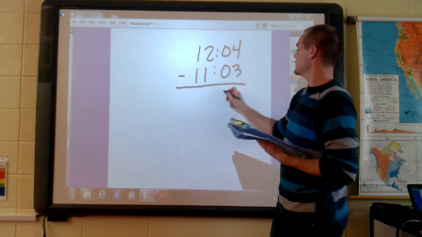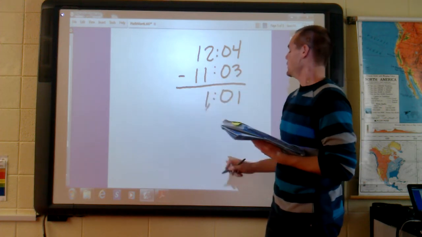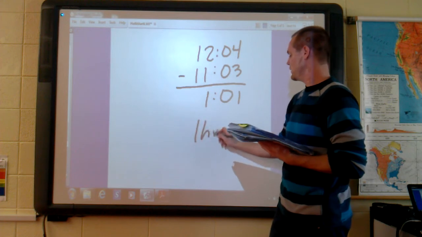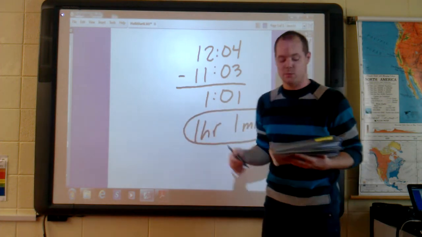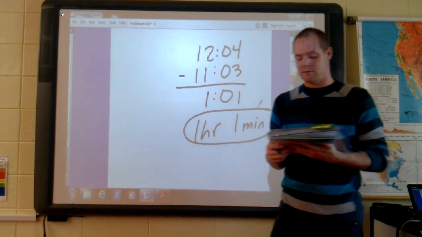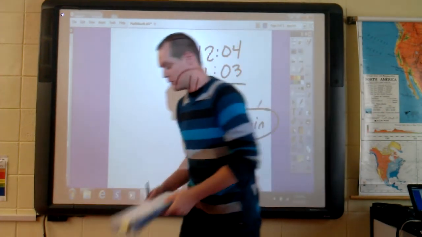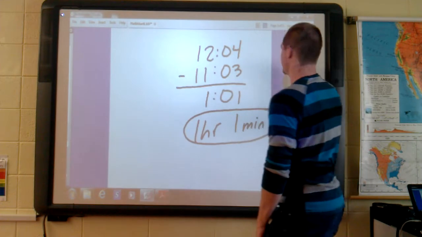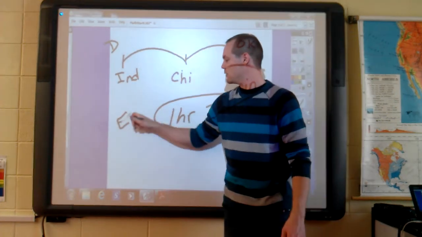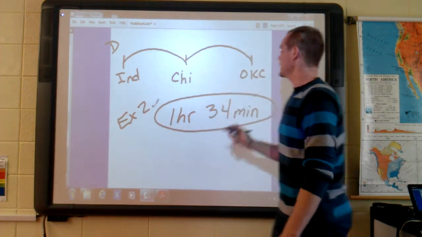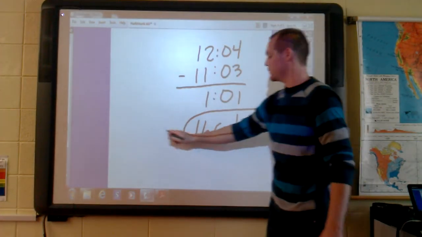If we subtract the two, we know that he has 1 hour and 1 minute of layover, or 1 hour and 1 minute to get on his other plane. Now I'm going to flip back, and this is the first answer to example number 2. This is the second answer to example number 2.